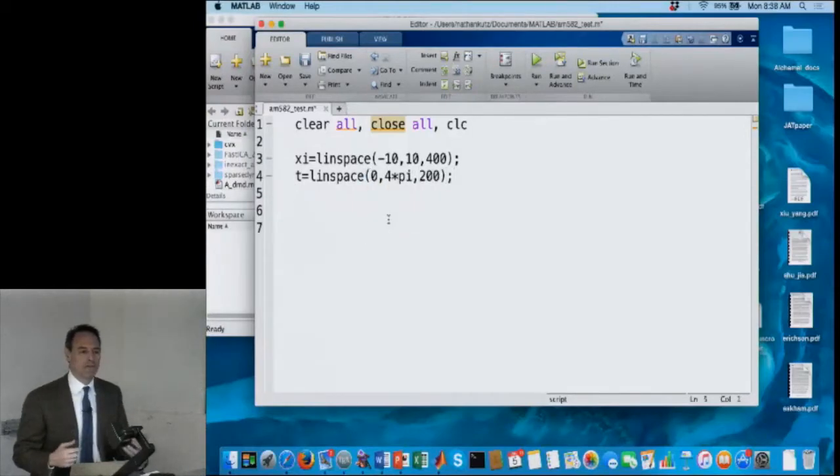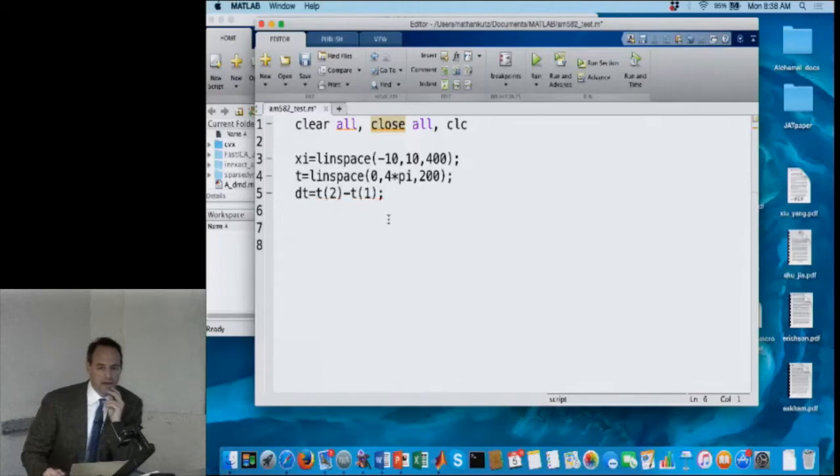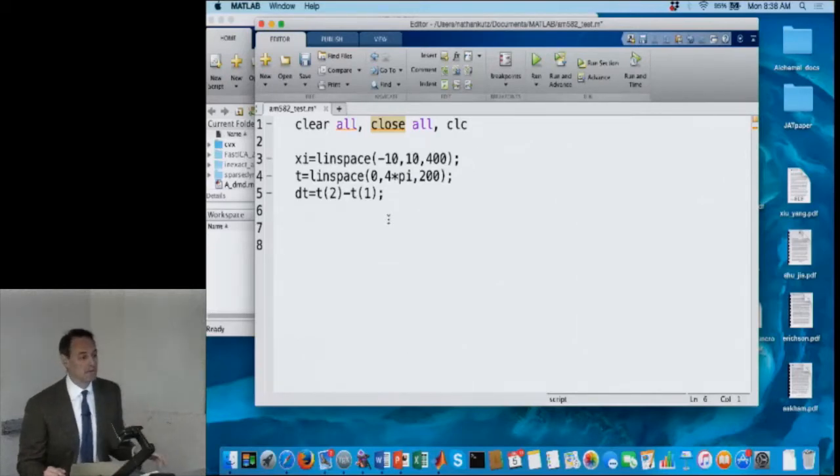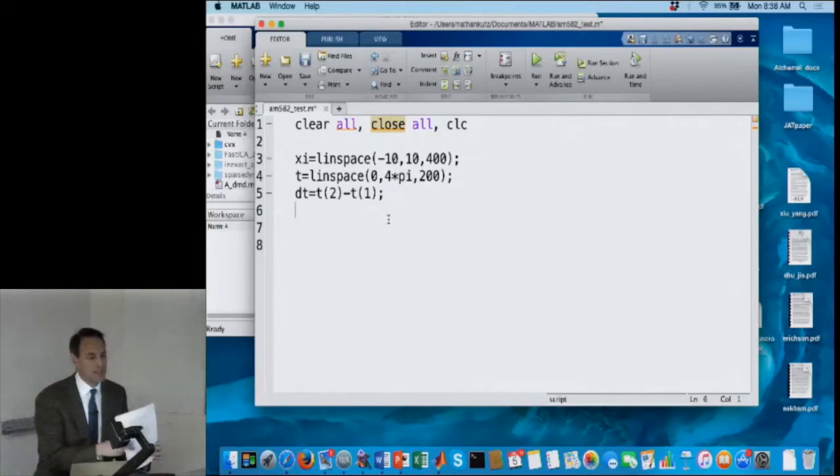So I have 400 spatial points, 200 time points. I've made up this domain here, my dt between steps. That's essentially what my measurement clock is set to. Right now we're going to consider evenly spaced sampling in time, which is often the case, but you can generalize the DMD to handle arbitrary time stepping or sample points.